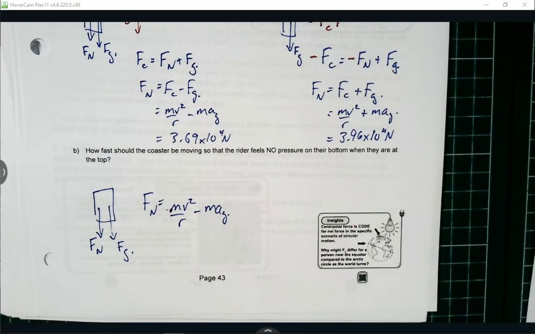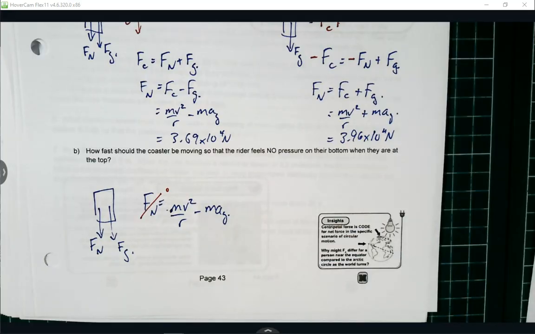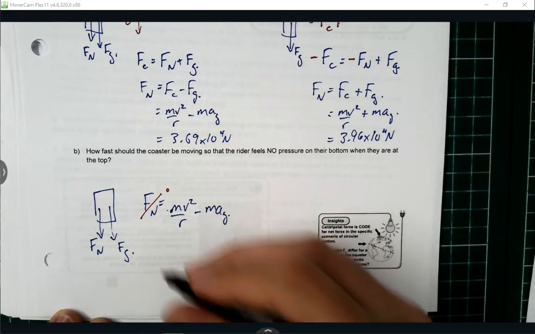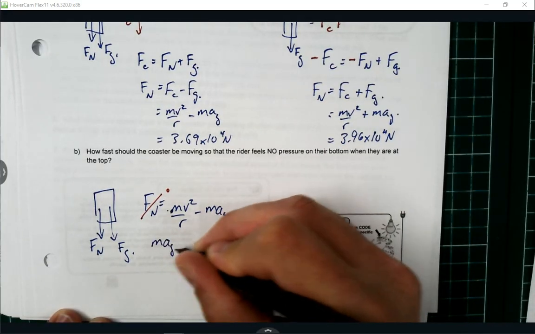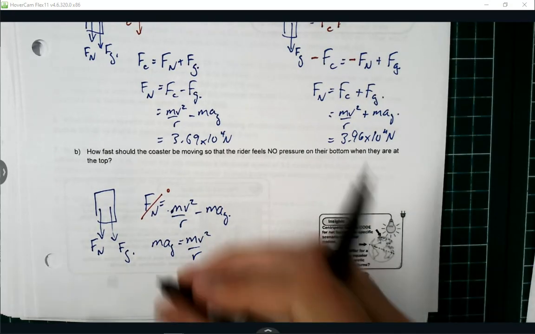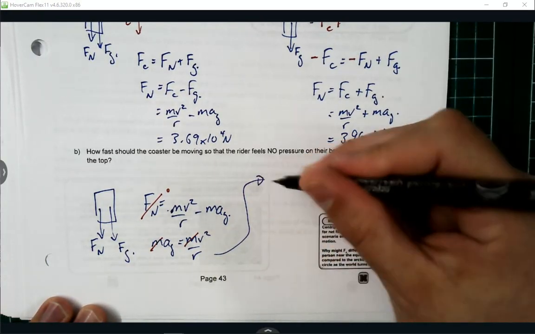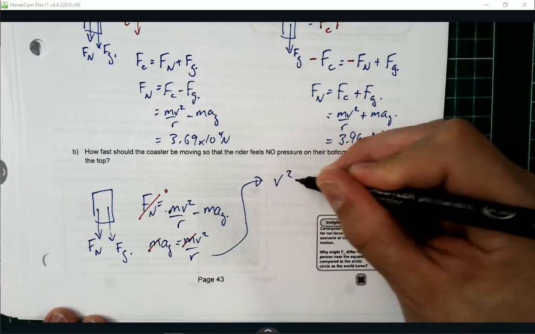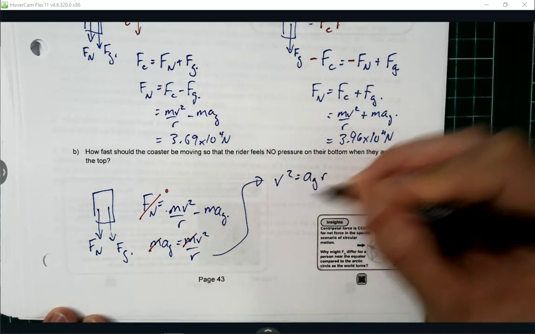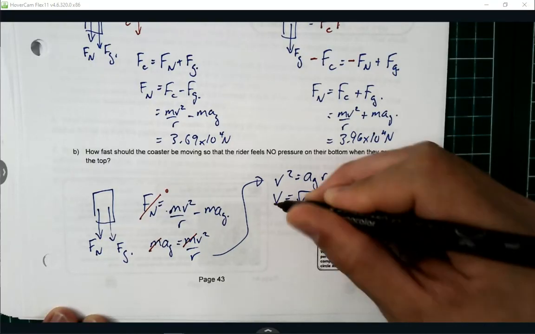But if you want to feel no normal force, that guy would zero out. And essentially, I could bring that mg back over to the other side and say mg would be equal to mv squared over r. Notice that the masses cancel out. And if I want to know how fast, I'm finding v. So I would say v squared equals gr, or v is equal to the square root of gr.